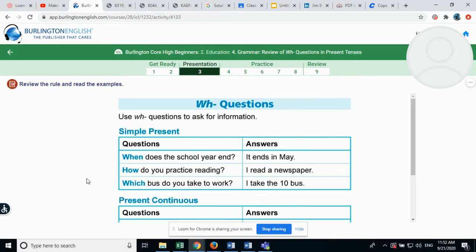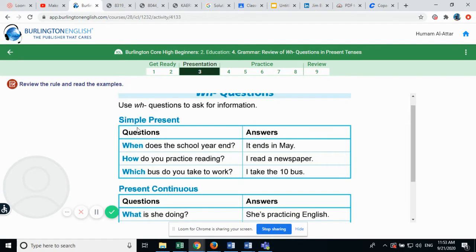Okay, so here is the rule of using WH questions. Use WH questions to ask for more information.